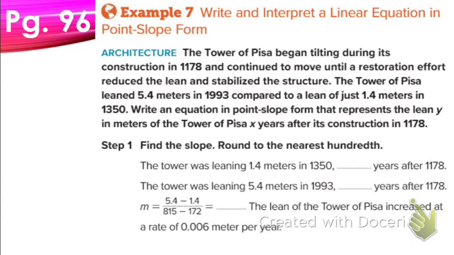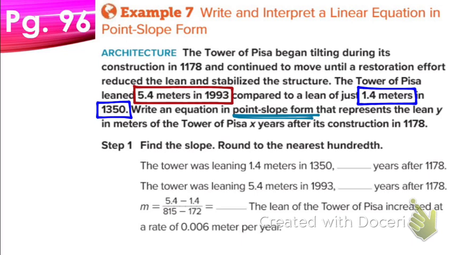The Tower of Pisa leaned 5.4 meters in 1993, compared to a lean of just 1.4 meters in 1350. We're going to write an equation in point slope form that represents the lean, y, in meters of the Tower of Pisa x years after its construction.